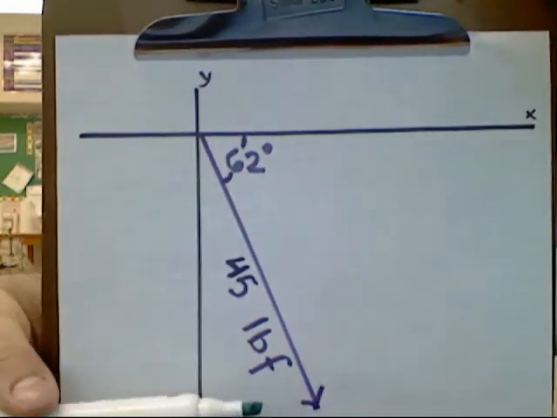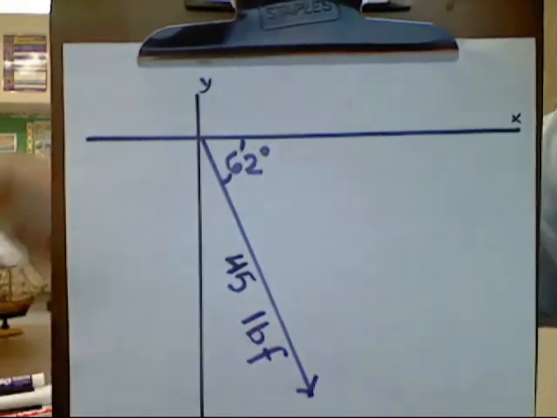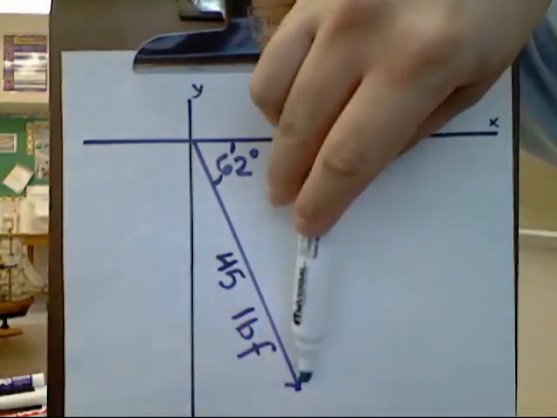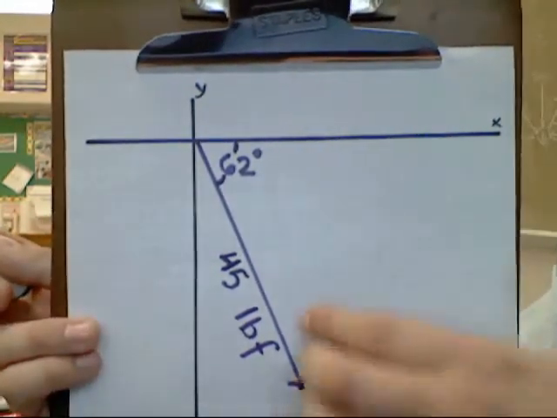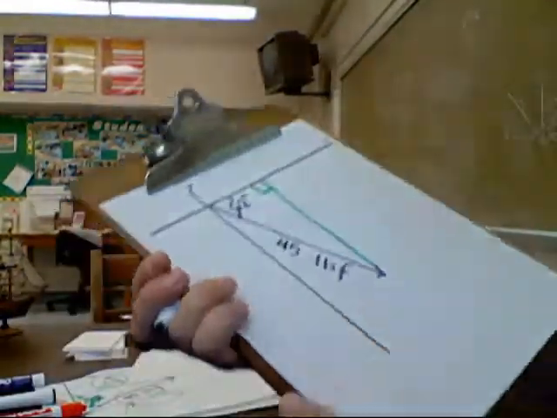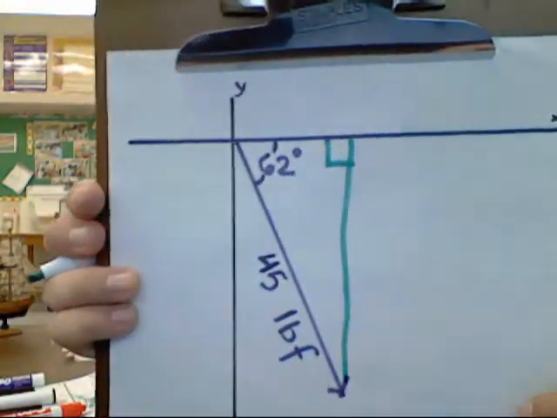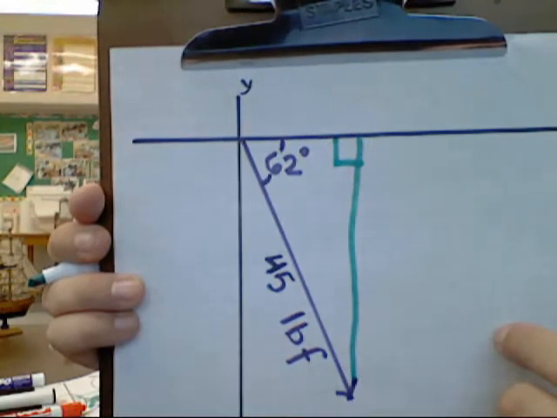We could do a straight horizontal line right here from the arrowhead over, or I could do a straight vertical line from the arrowhead up to the x-axis. In this case, the vertical line up to the x-axis makes more sense because, as you see, the 62-degree angle noted will be included inside the right triangle in that case.